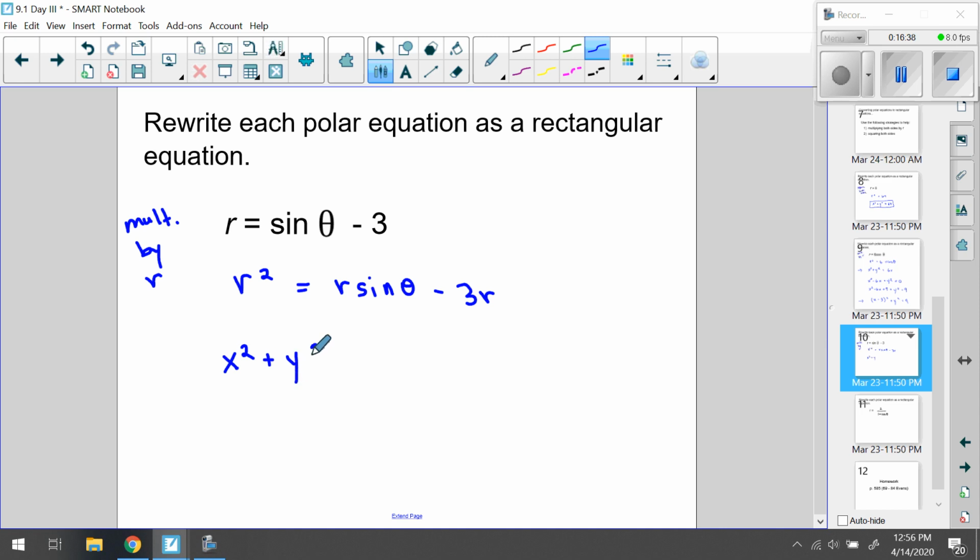And then r sine theta, we recognize that as y. And then, I think we typically prefer if we can turn r into r squared, but sometimes when you're ready to make substitutions, you'll have an r by itself, and that's okay. We can recognize r by itself as the square root of x squared plus y squared.